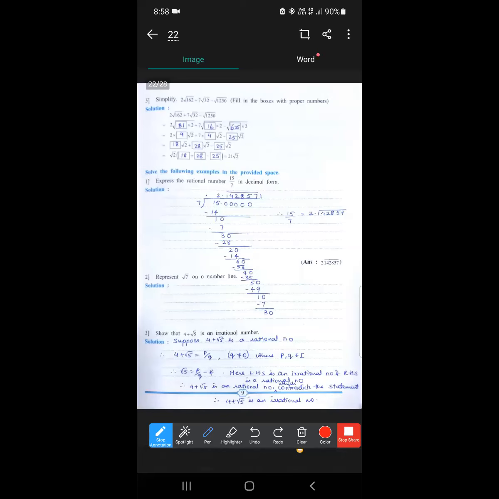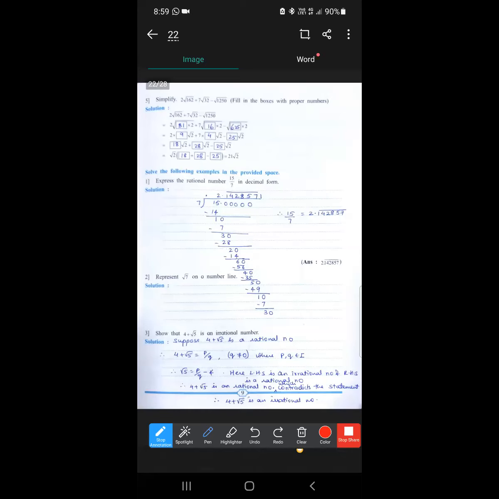Here it is a combination of addition and subtraction of surds. So let us see how we can fill the boxes and complete the activity question. Here 2 root 162 plus 7 root 32 minus root 1250.